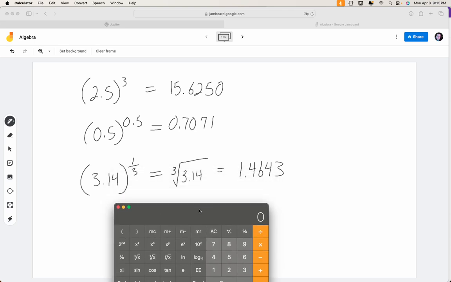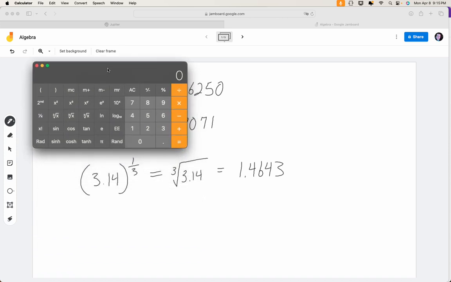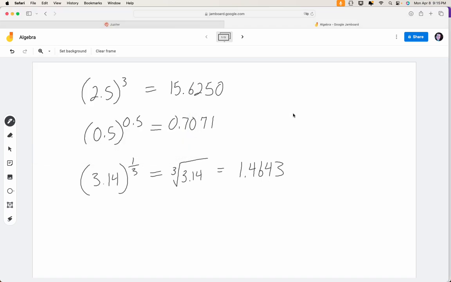And then we know that when we have a fraction for an exponent, this is going to be the root or the index of the radical. So we put that here and we write 3.14 one time to the 1 power. So then all we have to do is put 3.14 to the 3rd power or to the 3rd root. And it's 1.4643. That's the 4th decimal place. And that's how we would find those.